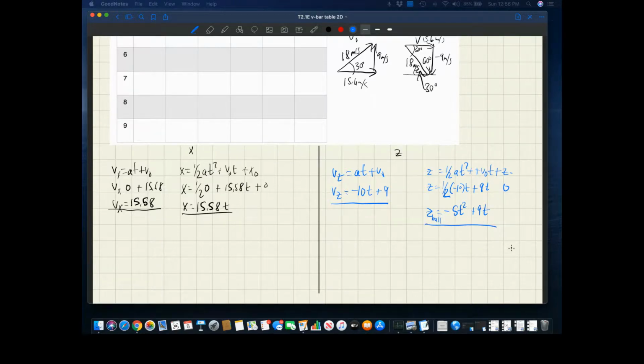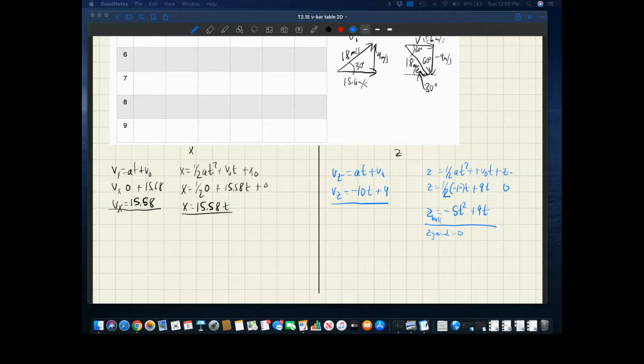Now, if we want to know how long it's going to take to hit the ground, then we know the z of the ground is 0. So using our Desmos, we can put those functions into the graphing calculator. And we've got minus 5t squared plus 9t.